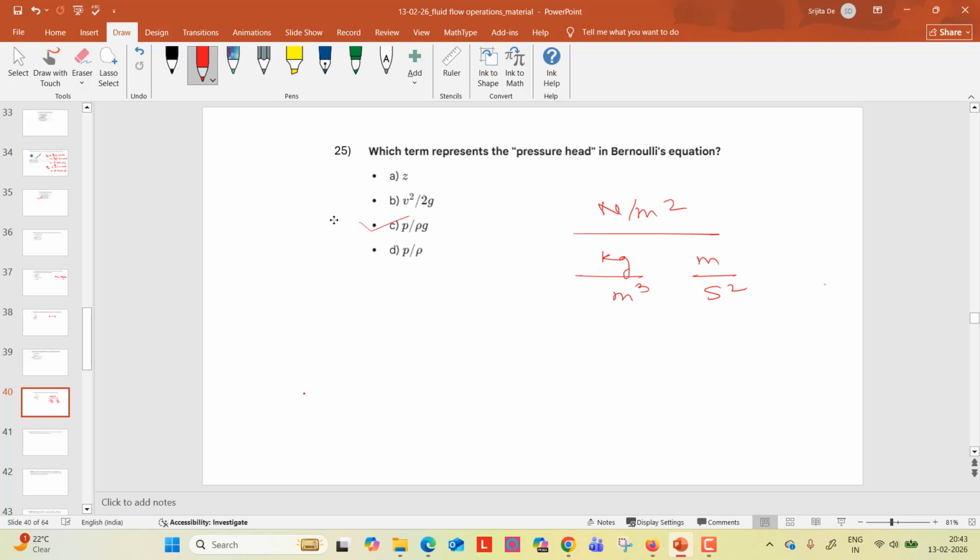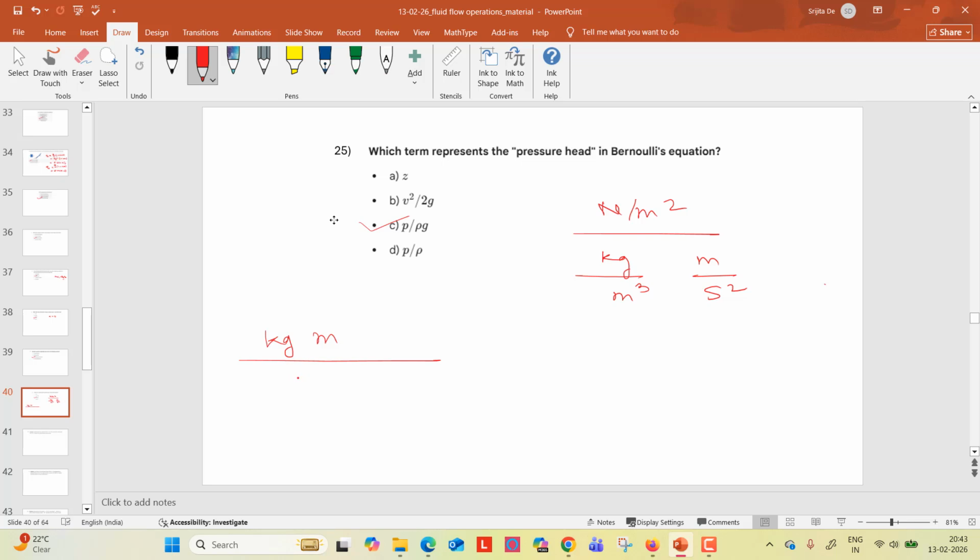Now, how this term will come, I will tell. Pressure head means it will be in meter. Newton means force. Force is m into a.